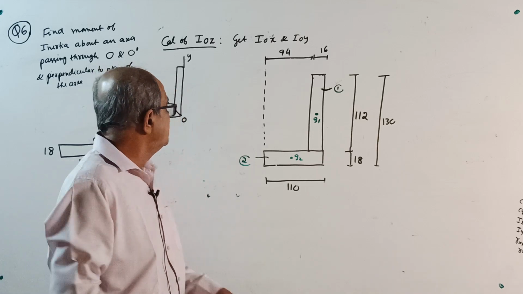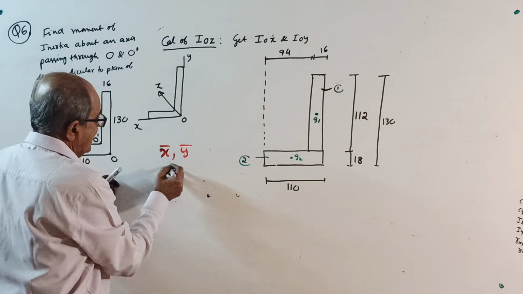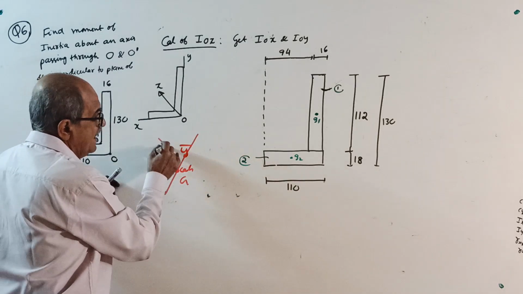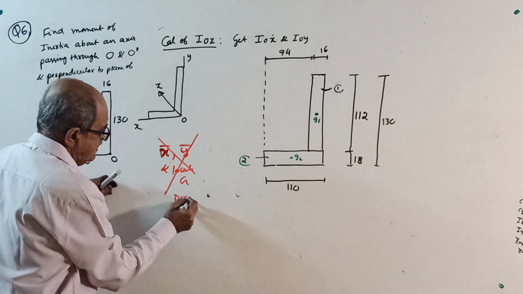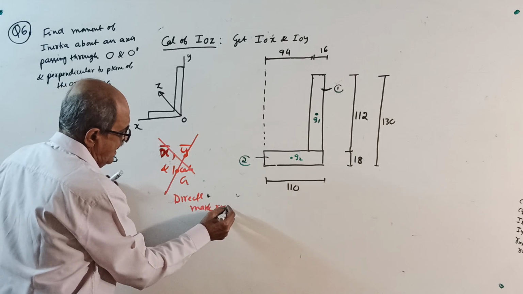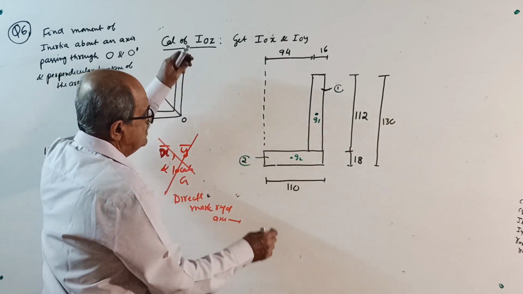So in this question, x bar calculation, y bar calculation and location of centroid G is not there. Directly mark required axis, red color axis, and start finding moment of inertia.